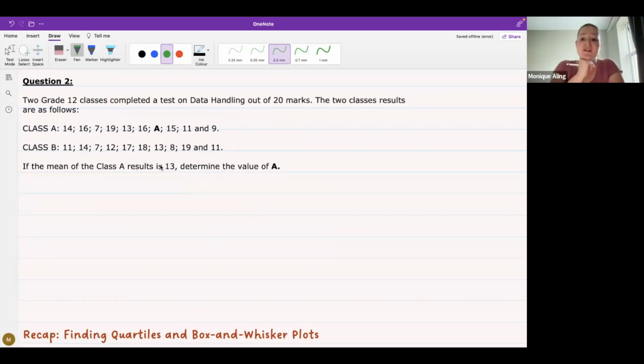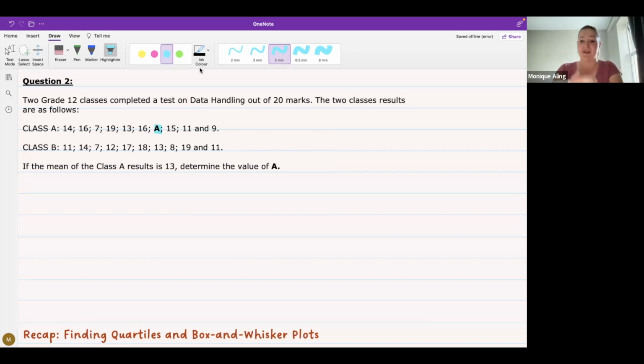The 2 classes' results are as follows. I've got class A and I've got all the results. Oh, look at that. The letter A, we're missing a mark. Class B, we've got all the marks. Now it says, if the mean of the class A results is 13, determine the value of A.